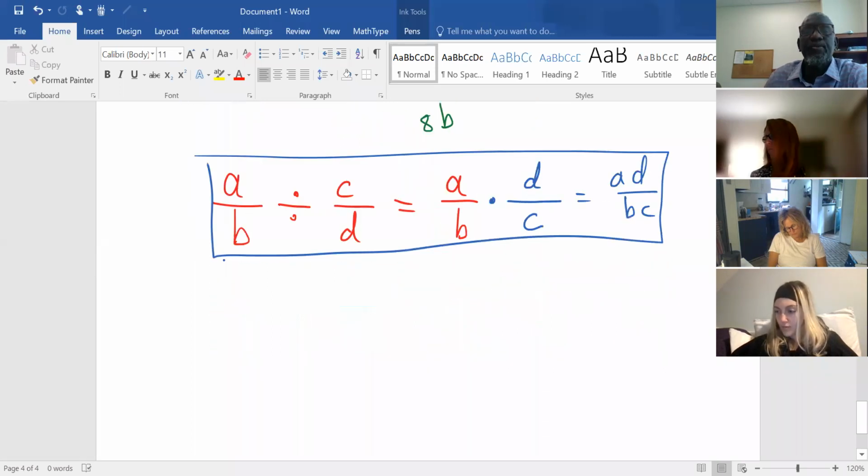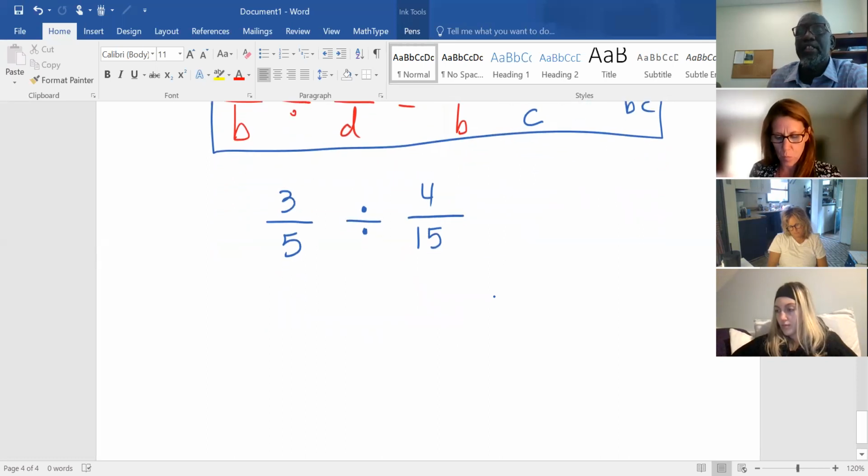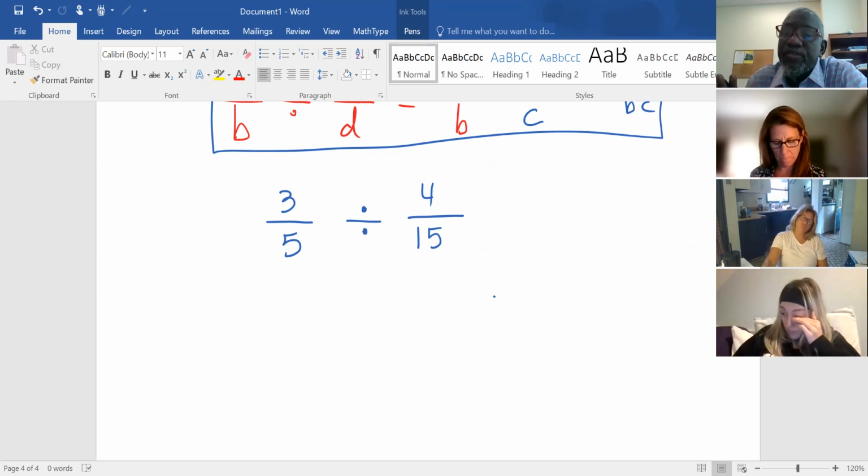For instance, if we say 3 over 5 divided by 4 over 15, okay? How do we do that? We don't try to simplify or do anything until we write it as a multiplication, right? Don't try to simplify now.